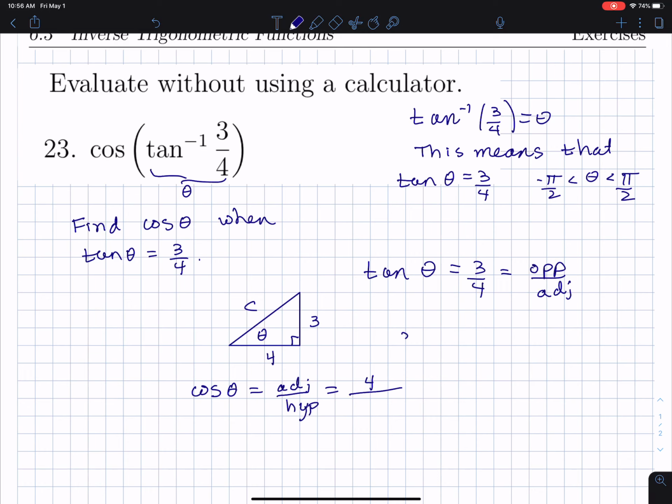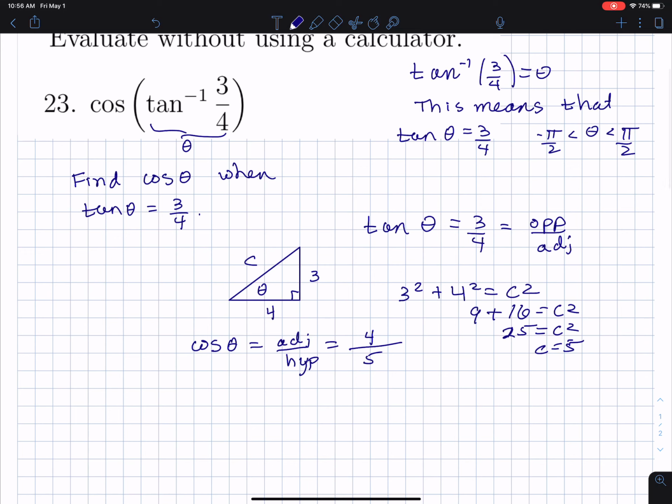The hypotenuse I can find by using the Pythagorean theorem, although that is a Pythagorean triple. So pretty often we just know that it equals 3, 4, 5. So anyway, that is my answer. The cosine of tan inverse 3/4 is equal to 4/5.